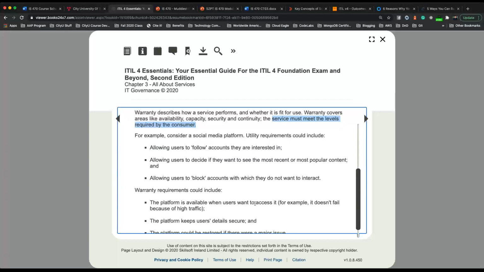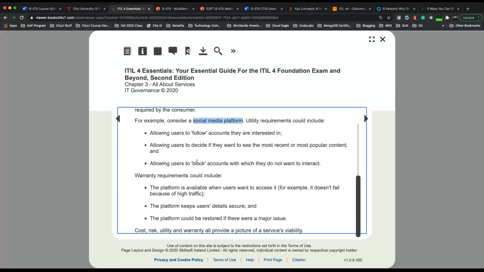Let's consider an example. Let's say you are using a social media platform, like maybe Weibo. Utility requirements could include functionality such as users can follow accounts, users can see most recent or most popular content, users can also block accounts. So you're seeing functionalities here.